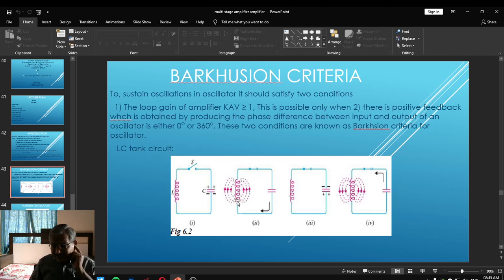How can one recognize that the steady state of magnetization is reached? When the rate of change of current flowing through the inductance coil, that is di by dt, becomes equal to 0, then we can say the steady state of magnetization is reached.